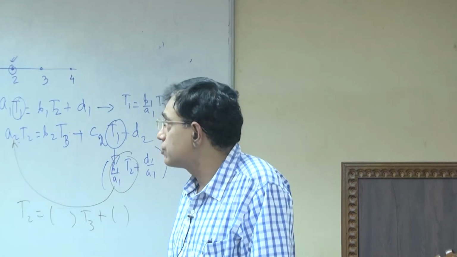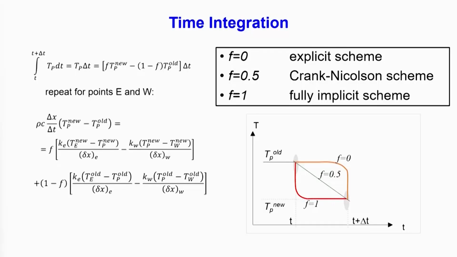If f equal to 0, you can see that the entire effect is on the beginning of the time step. There may be a plus minus sign typo there, that you can fix very easily. If f is 0, you are getting that the integral should be just Tp old into delta t.